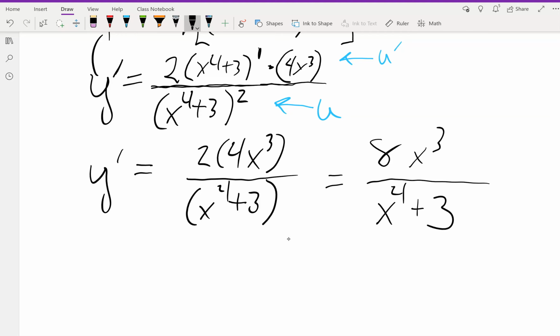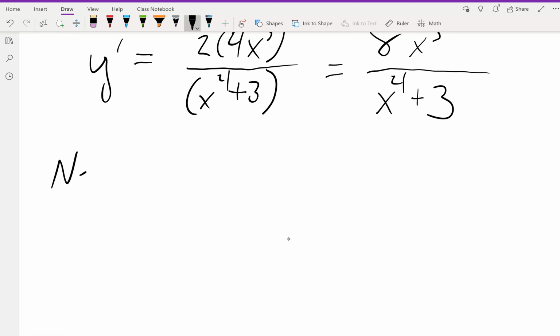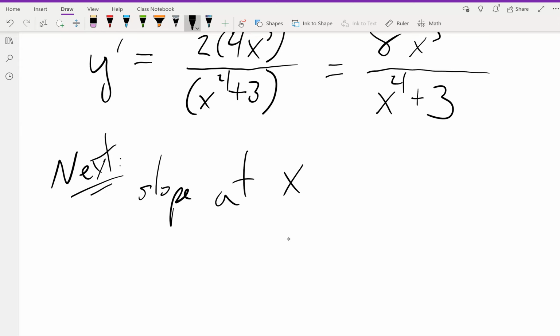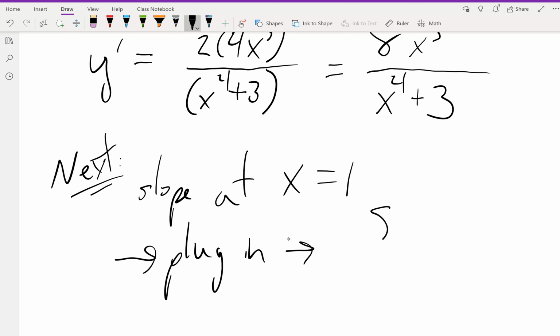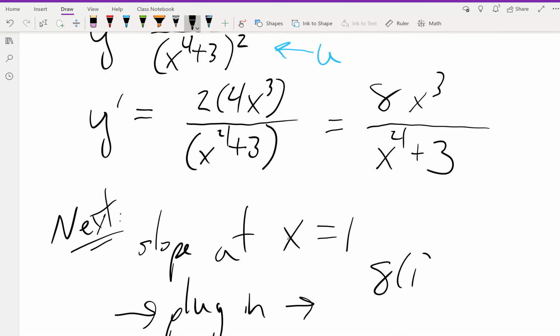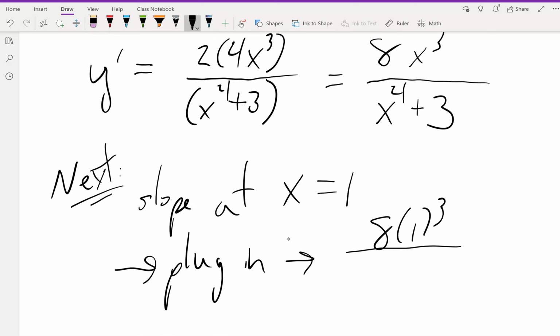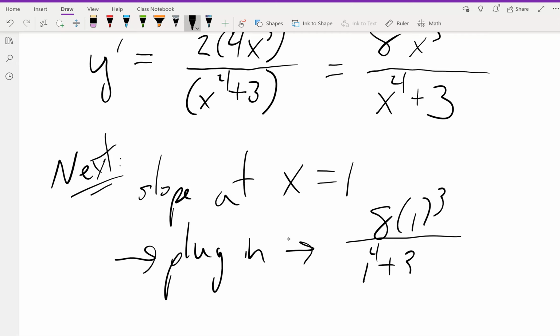From here, what would you like me to do? If you'd like me to find the slope, there it is. I just need to plug in the number. Recall, what are the next steps you can be asked? Well, you could be asked to find the slope at x equals 1. No big deal. Plug in the 1 and you get 8 times 1 cubed over 1 to the fourth plus 3.